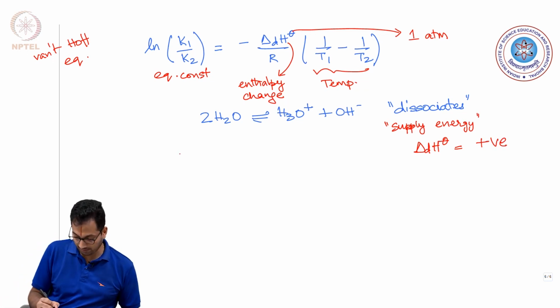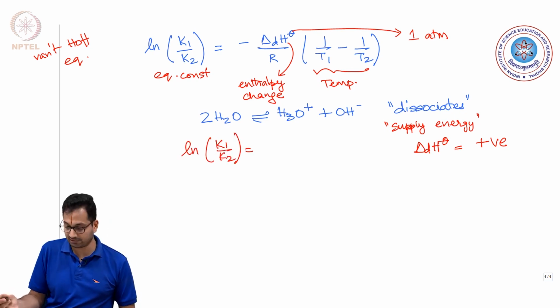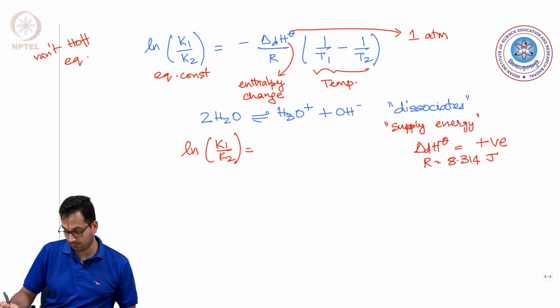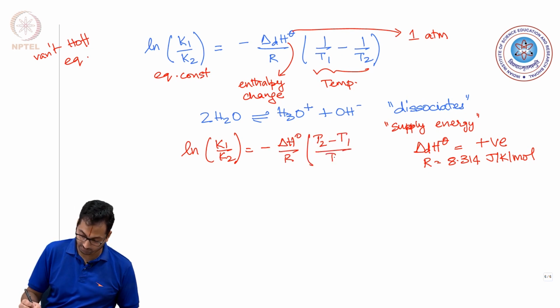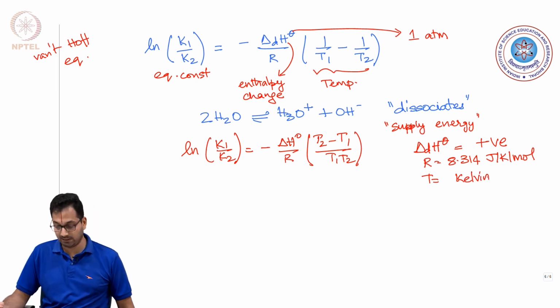So, what ends up happening is, your ln of K1 over K2 is going to have delta H over R, where R is the universal gas constant, which is also positive. When you do a quick arithmetic here, what is going to end up happening is T2 minus T1 over T1 T2, where T is the absolute temperature in the Kelvin scale.